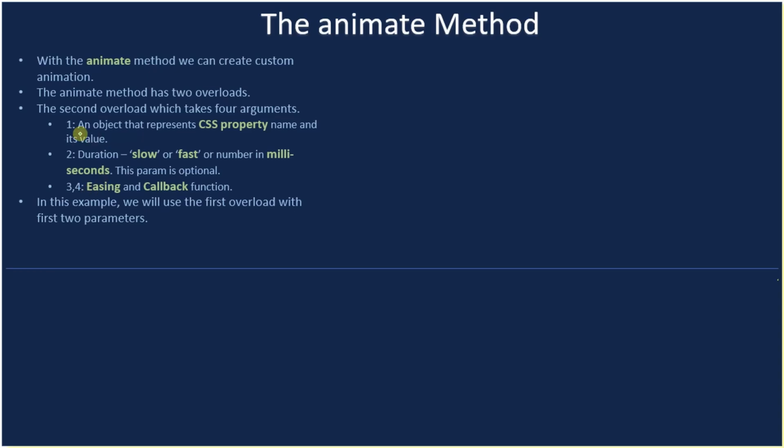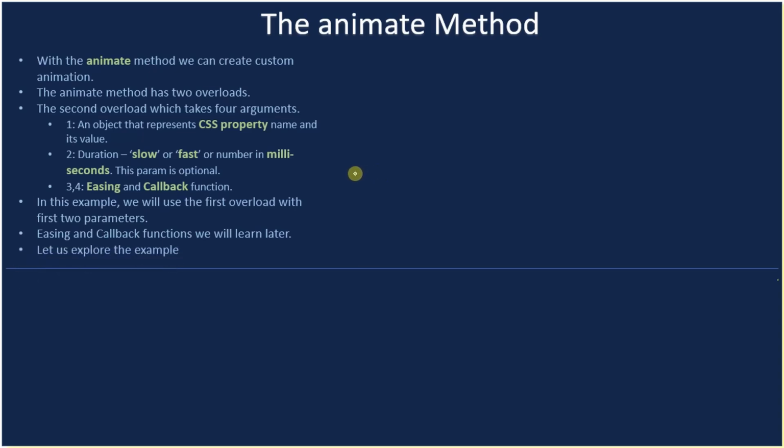So here we just talked about the second overload. With the first overload, we can just specify the CSS property along with its value. Then we can tell the duration or transition time, right? Using these two, we can create our own animations. Easing and callback function we will learn later, and if time permits, towards the end of the course we will look into easing and callback functions.